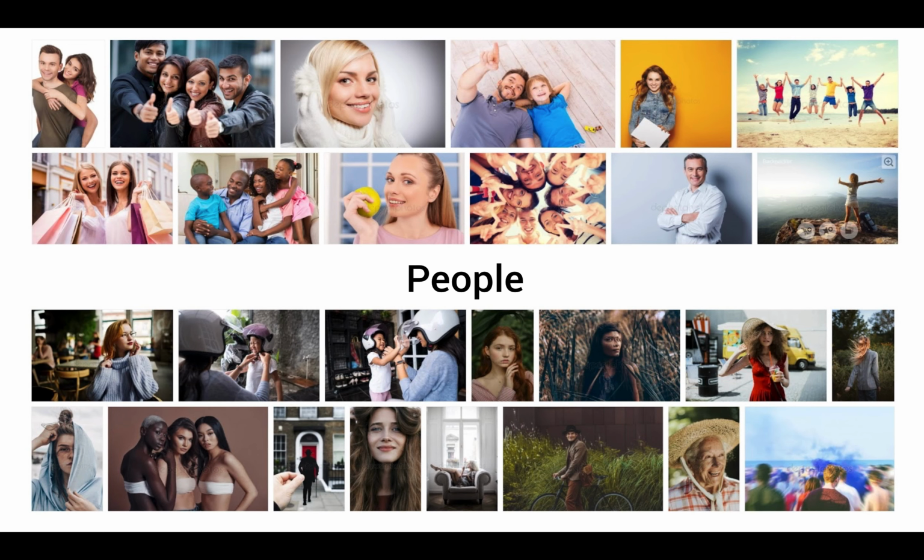So the people category underwent an even more dramatic change, because as you can see here, comparing the two halves, they're kind of moving away from studios and into the real world. And we see more artistic shots versus people just smiling into the camera and being so happy.